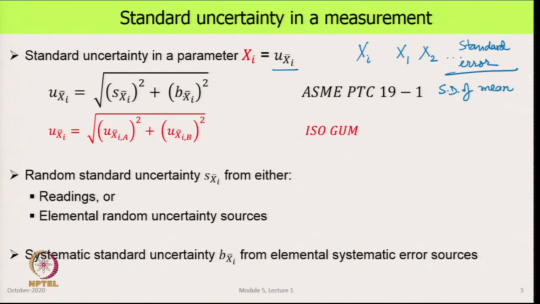The other way of calculating u x i bar is from ISO GUM, the Guide to the Expression of Uncertainty in Measurement, and this says that it is the square root of the sum of the squares of the standard uncertainty in type A causes of error, and from type B errors.